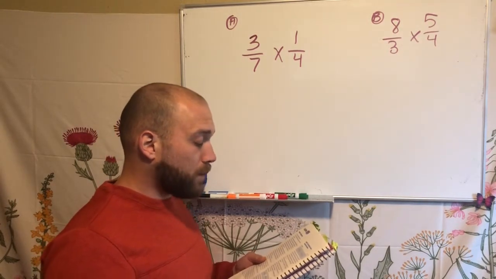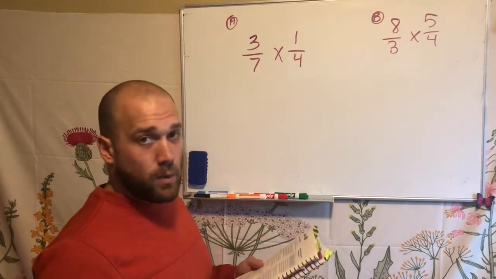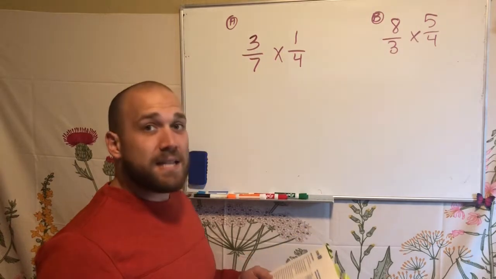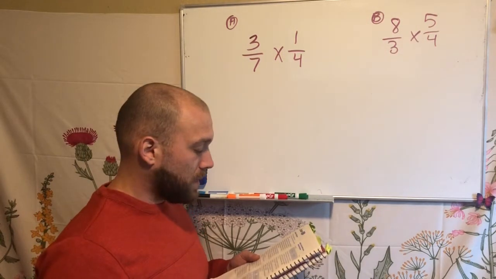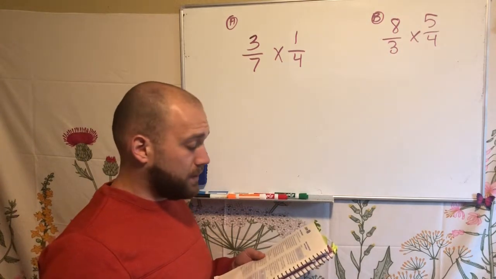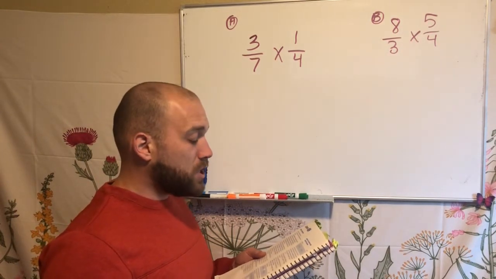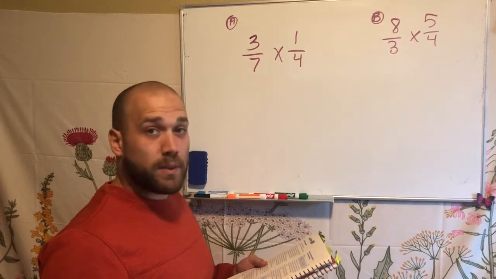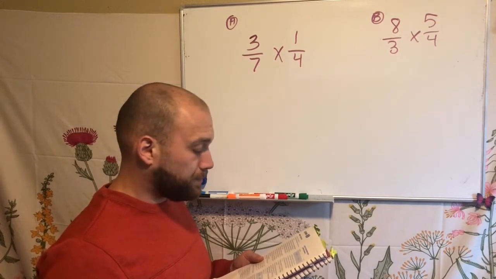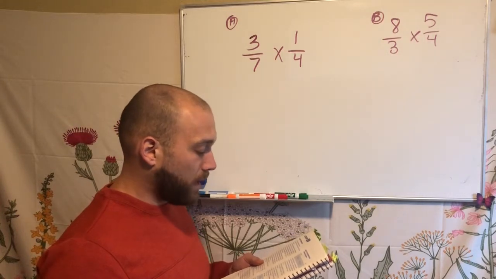Is 1/4 more than 1 or less than 1? 1/4 is less than 1. So do you end up with more than 3/7 or less than 3/7? You end up with less than 3/7 when you multiply by 1/4 because it's less than 1.